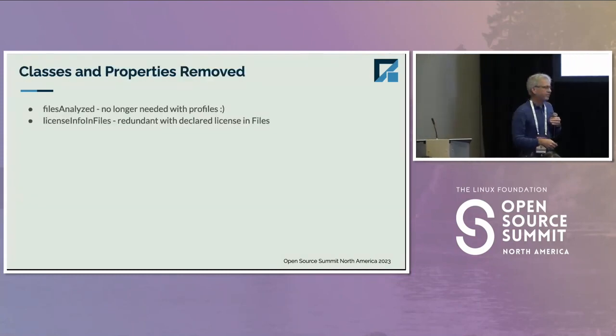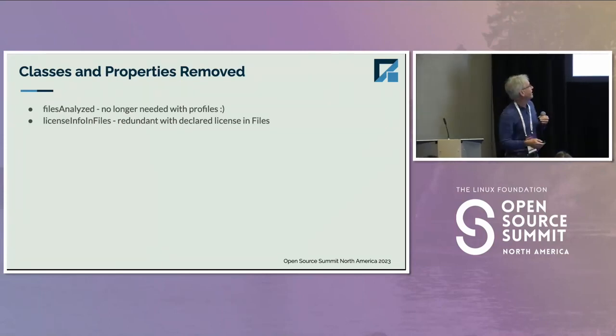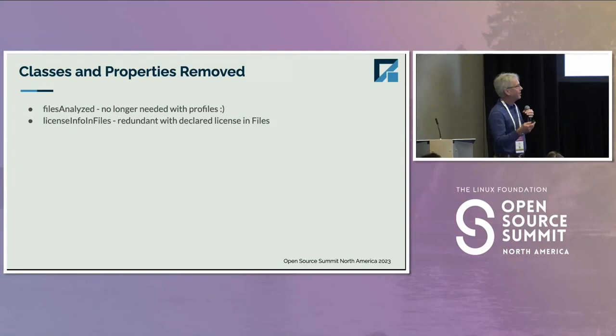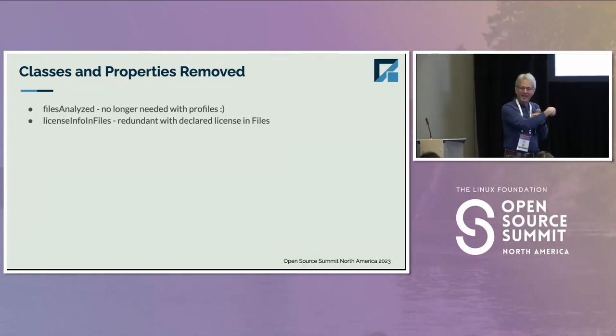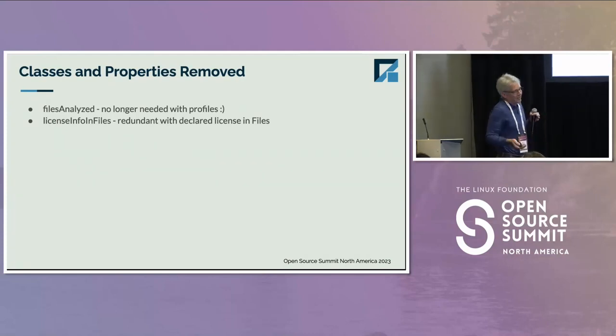And I'm going to go through some more details of the migration. Here are some classes and properties that are removed. Files analyzed. Those of you familiar with 2.3, this is the most hated property in SPDX, and everybody is happy to get rid of it. So that's gone. The functionality is replaced by profiles, so it's still there, just covered by profiles rather than through this property.